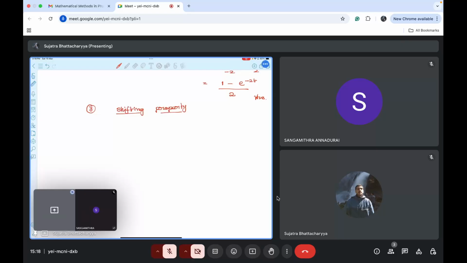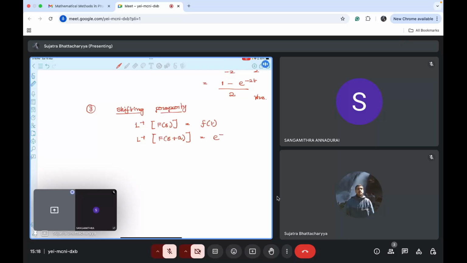Okay, so what is this shifting property? Suppose you have L inverse of F(s), which is f of t. This we generally write because Laplace transform of f of t is F(s). We generally give this kind of a symbol. Now, L inverse of F(s plus a), let's say, then what will be your corresponding time function?